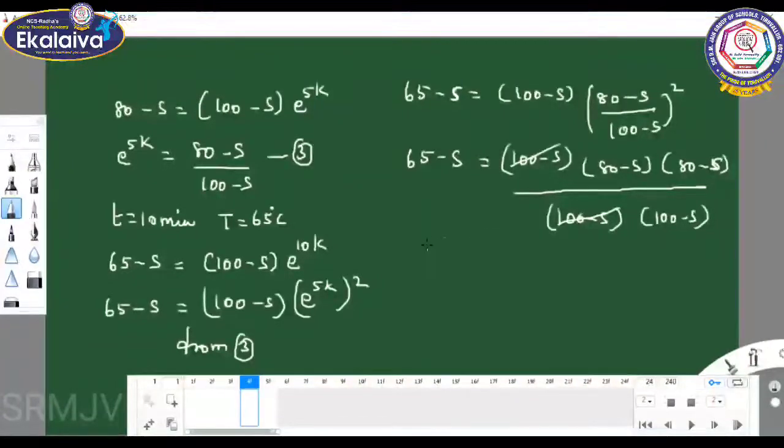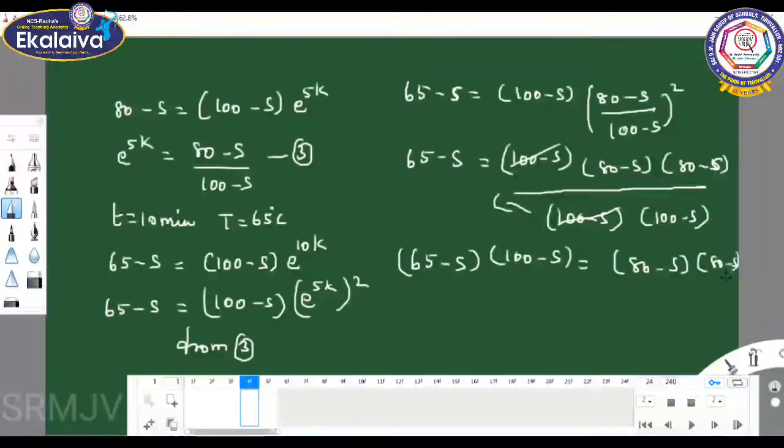So 65 minus s, cross multiplication: 100 minus s equal to 80 minus s into 80 minus s.